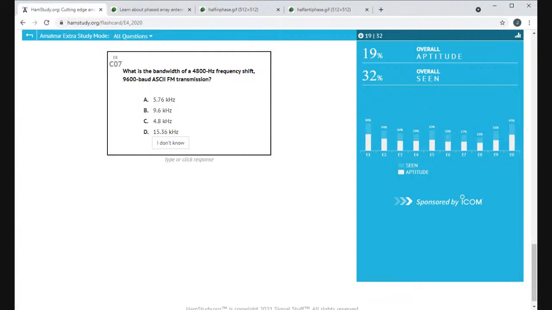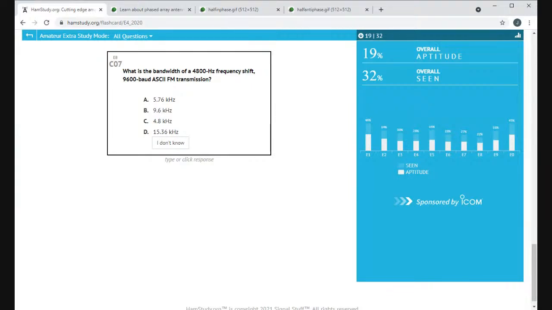What is the bandwidth of a 4,800 hertz frequency shift 9600 baud ASCII FM transmission? A, 5.67 kilohertz. B, 9.6 kilohertz. C, 4.8 kilohertz.